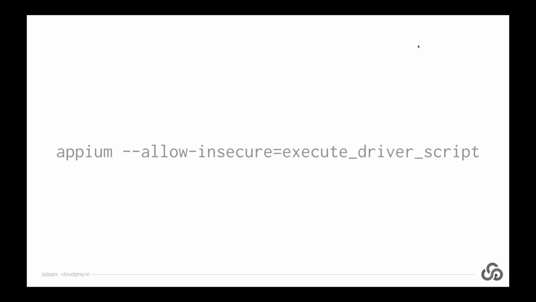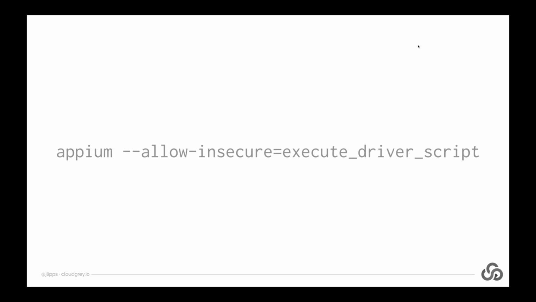So what kind of security implications are we really talking about here? How concerned should you be by turning this feature on if you are an Appium administrator? Personally, I don't think you should be that concerned because we take a lot of care in really delineating what you can and can't do with the code snippets you send in. First of all, the code is not actually executed in the Appium context.